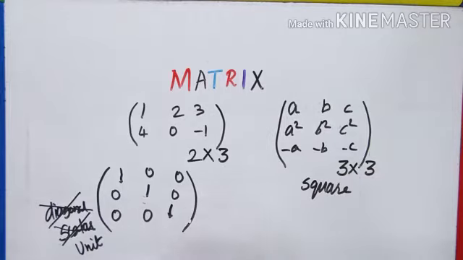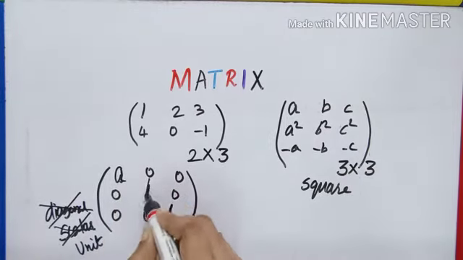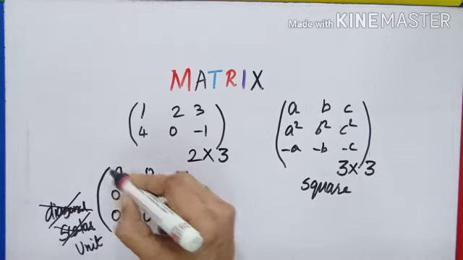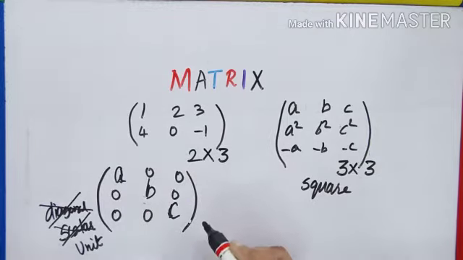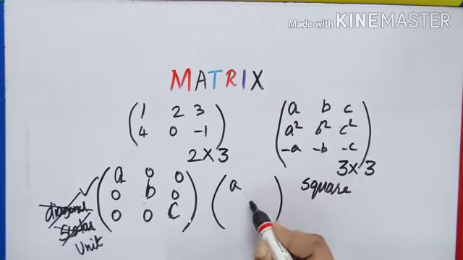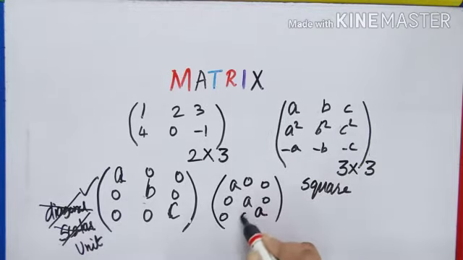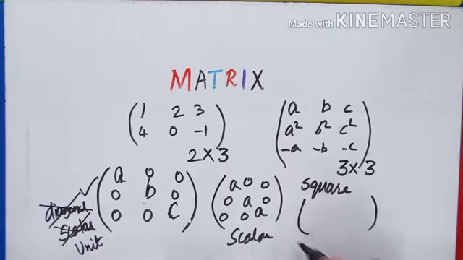So we specialize the names when it has different elements. Along the diagonal alone, I call it a diagonal matrix. When all the diagonal elements are the same, I call it a scalar matrix. And if all the diagonal elements are 1, it is called a unit matrix.